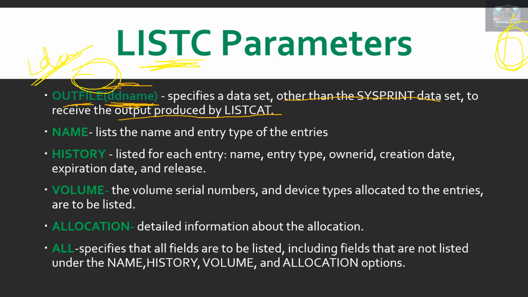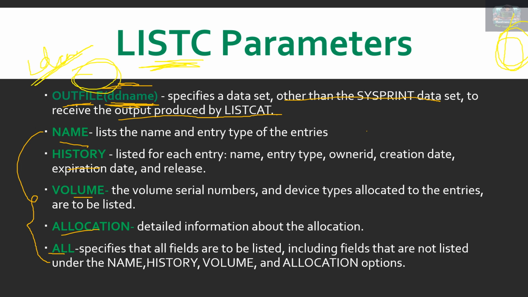Okay, so what is this? Name, history, volume, allocation, all. These 5 parameters are used with level and entries. The entries parameter, which I told you before, and the level parameter take these.